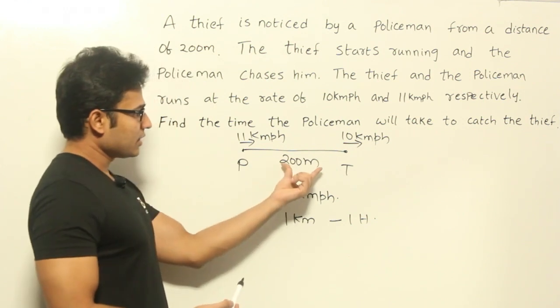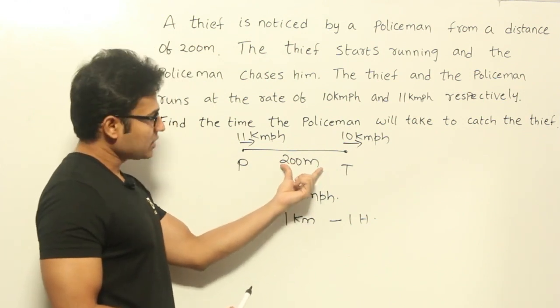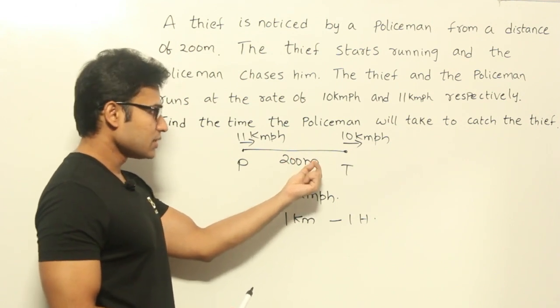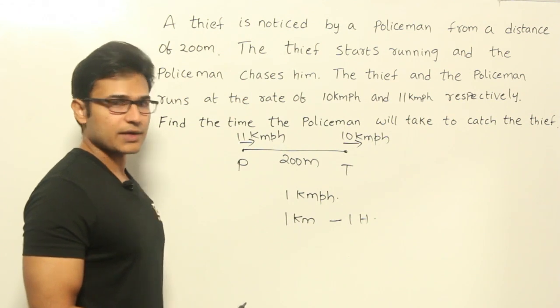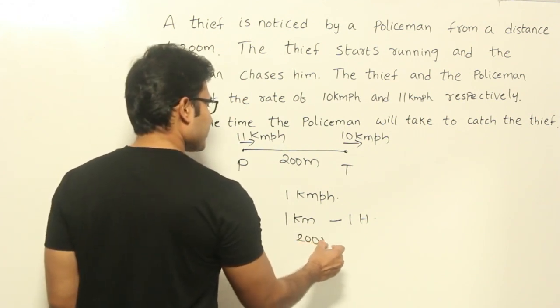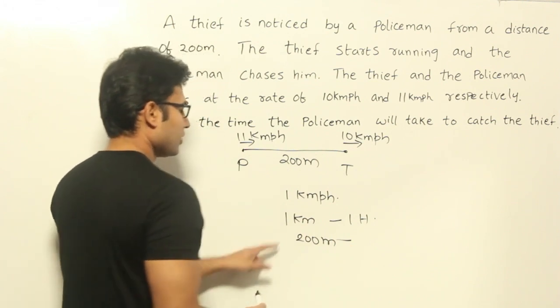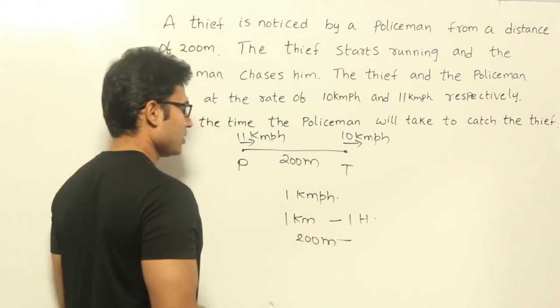But then it is given that the distance between them is actually 200 meters, right? Now how much time will it take for them to reduce the distance of 200 meters to 0? Then only policeman will be able to catch the thief, right? So 200 meters. If 1 kilometer can be covered in 1 hour, then 200 meters can be covered in how much time?